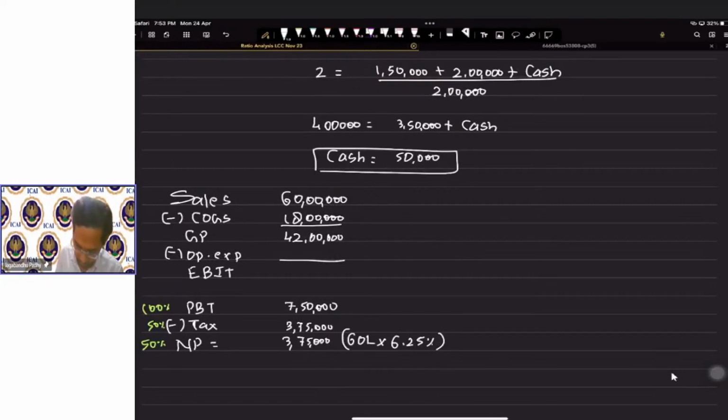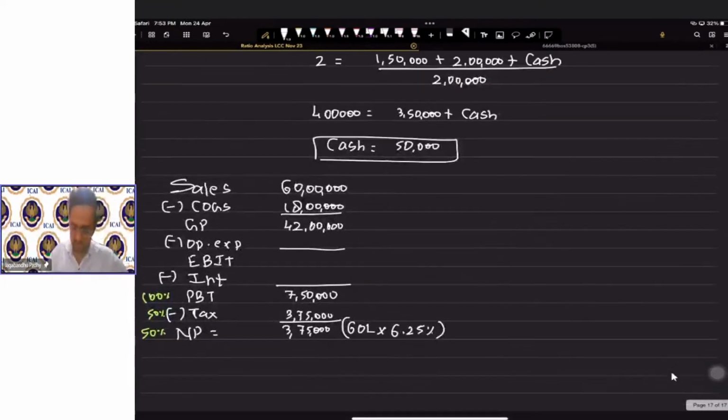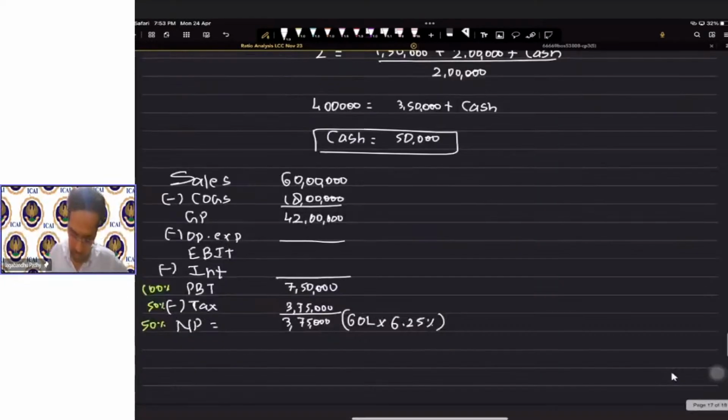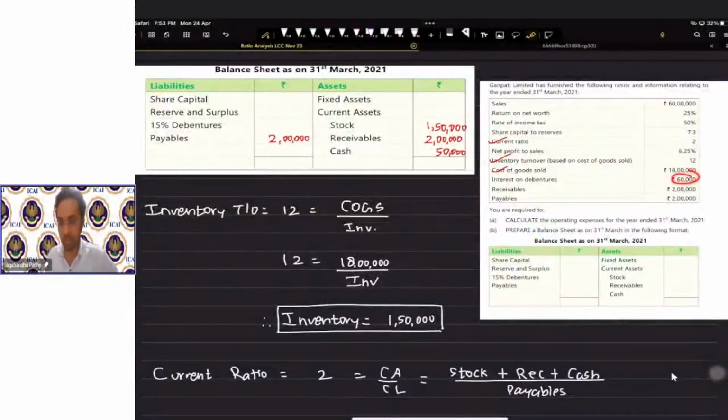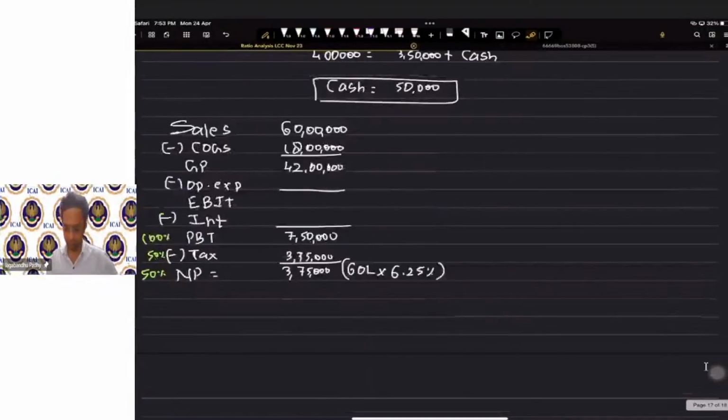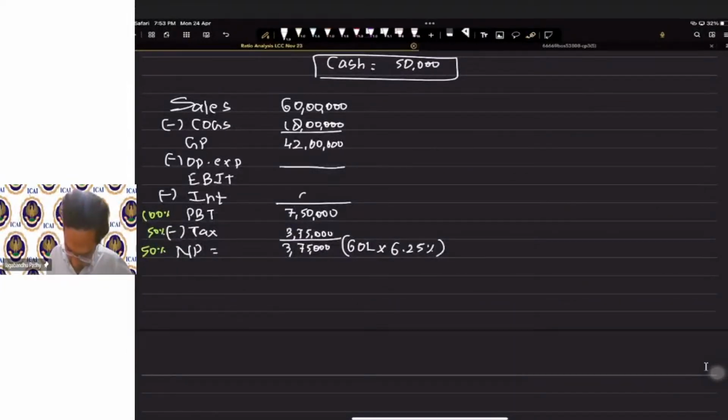And then from EBIT, you deduct the interest, you get PBT, right? So GP, less operating expense, gives EBIT, then interest, then PBT. So how do we compute this interest, by the way? Well, interest is given as 60,000. Doing the backward calculation, your EBIT will work out to be 8,10,000.